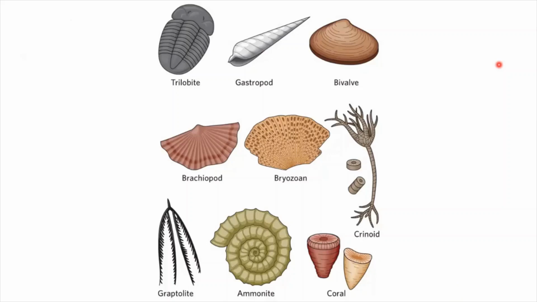Now, when we look at different fossils, fossils have unique identifying features that help us identify them. We have trilobites here, gastropods, bivalves, brachiopods, bryozoans, crinoids, coral, ammonites, and graptolites. So for example, a trilobite has this 3-segmented body. A gastropod, those are the same things that snails are.